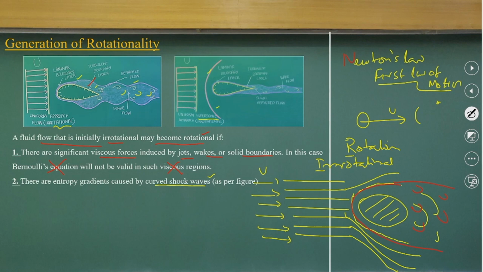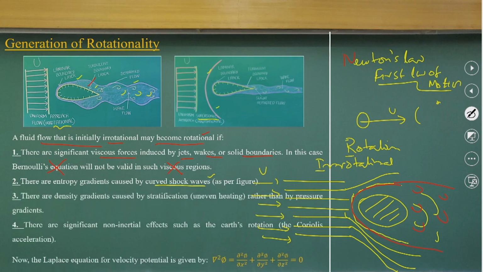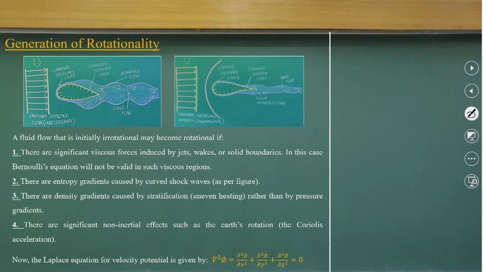Same way, if you have shock waves because of supersonic flow, we will have entropy gradients, and that will make the flow rotational. We can also look at density gradients, which are caused by uneven heating. We get density gradients because of stratification, uneven heating, or earth rotation, which give non-linear effects.